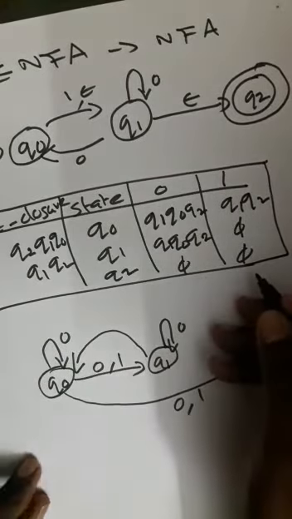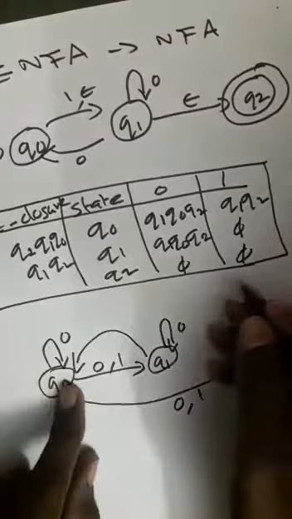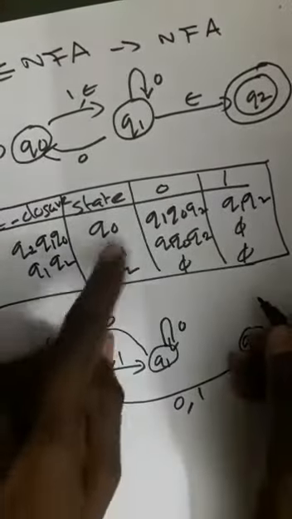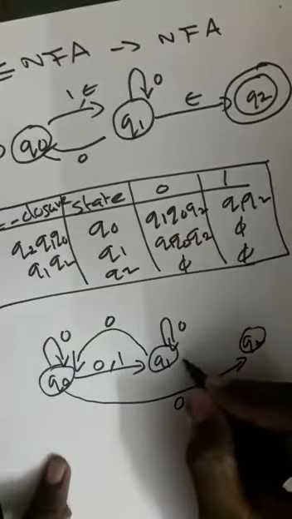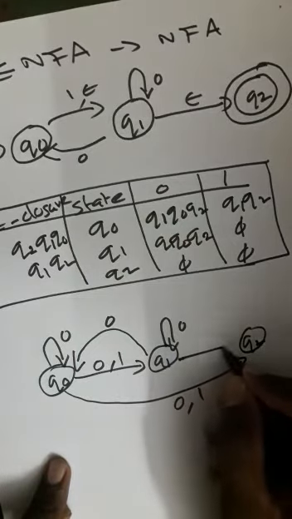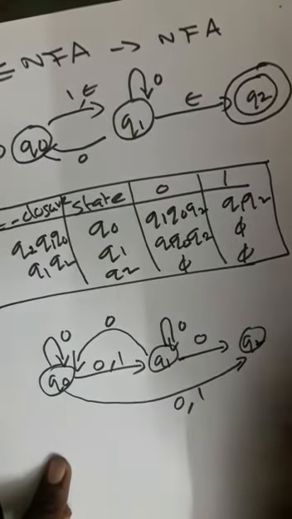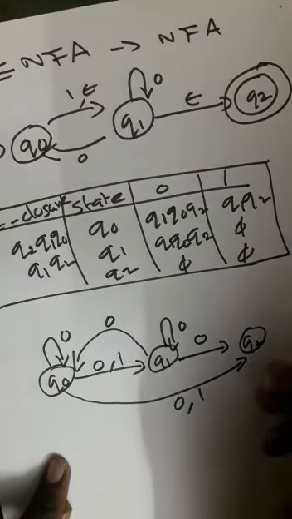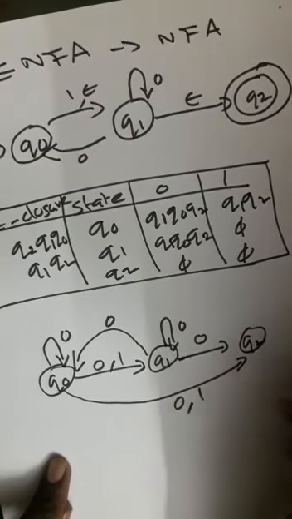Q1 on 0 transfer to Q2. Okay, now the transitions are over. This is the way we can draw an NFA. Thank you.